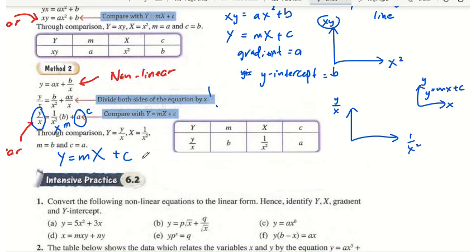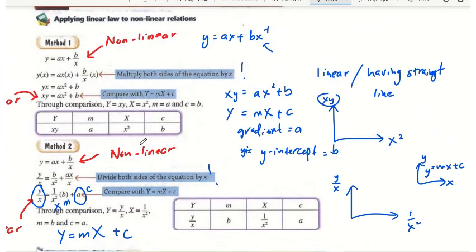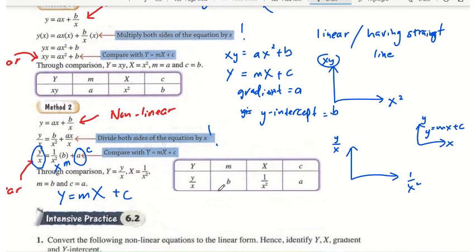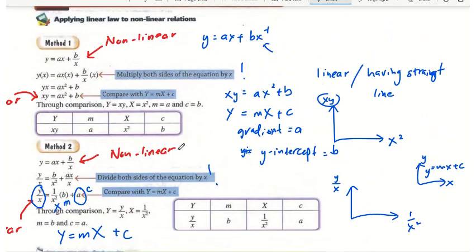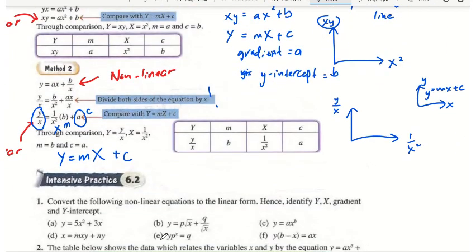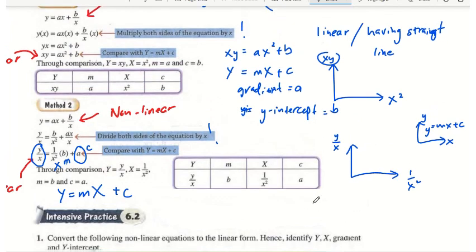Method 1 and method 2, we will discuss in our examples after this, and we will see the solution more clearly after this.